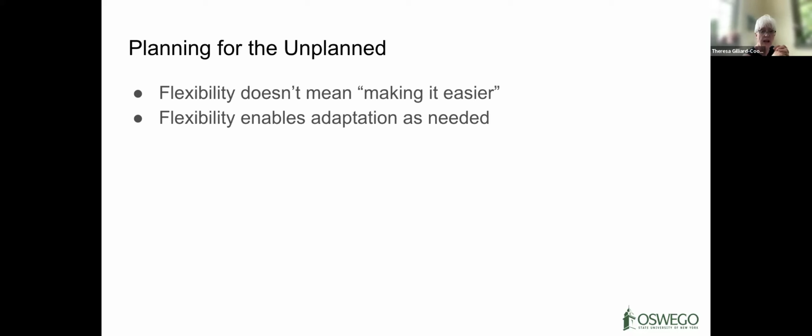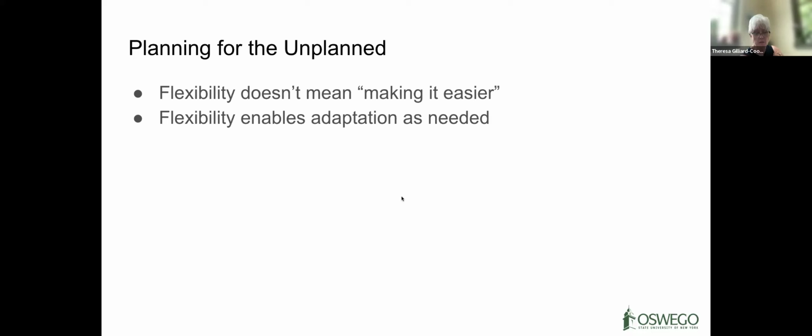So for you as faculty, if life happens to you, you have ways to create that flexibility for you and your students as you maybe deal with whatever's going on outside of here for you.